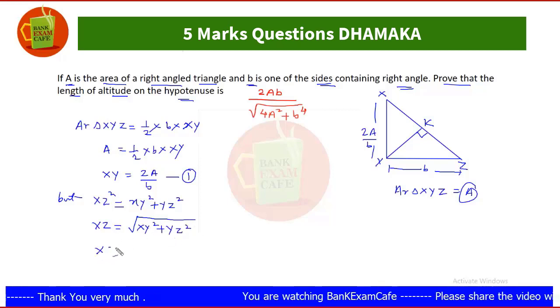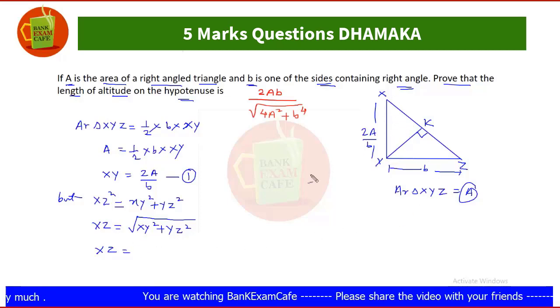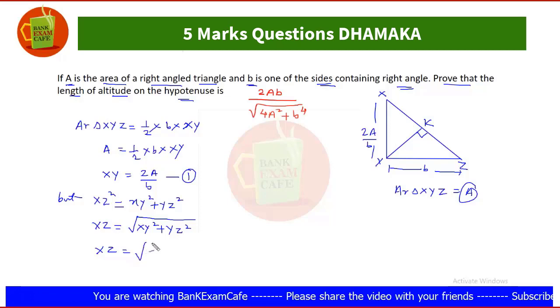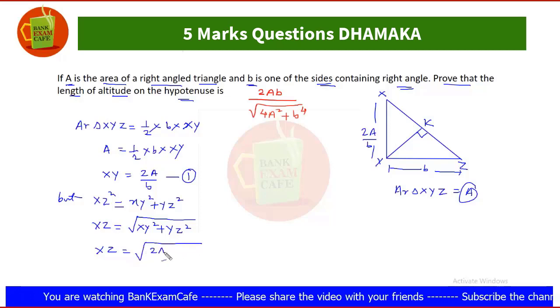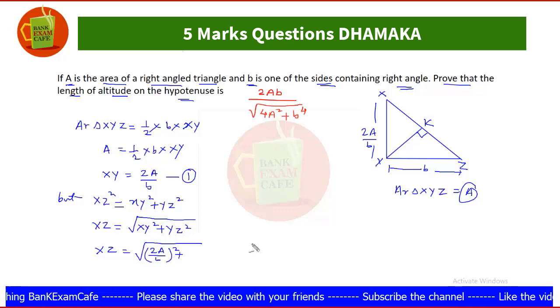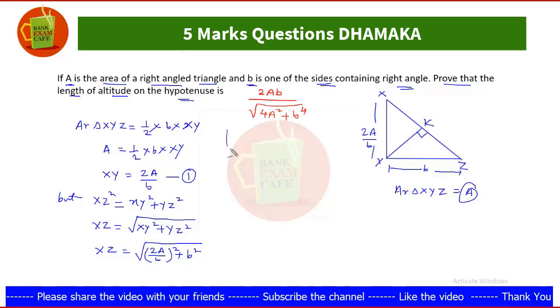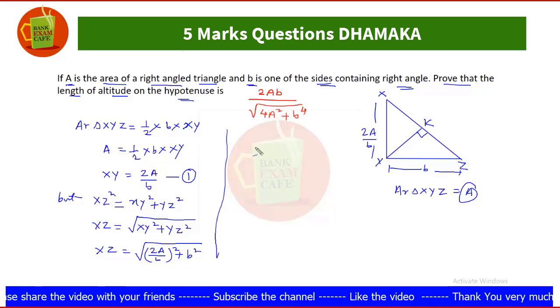So XZ is equal to, here XY is 2a upon b, so square root of 2a upon b bracket square plus YZ is b, so it will be b square. I solve further to this side.